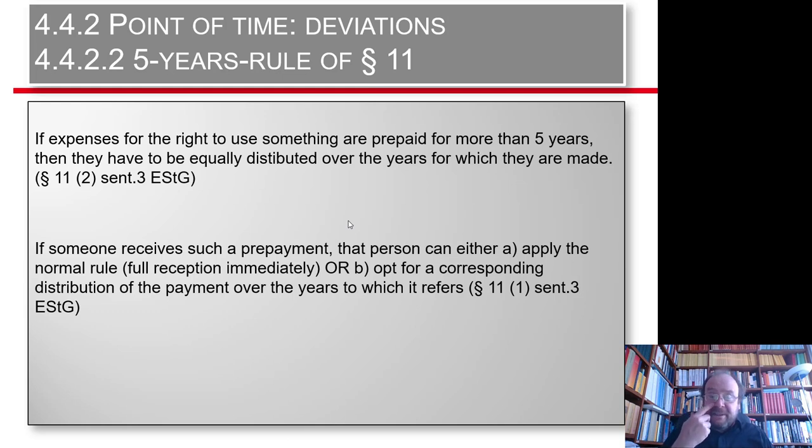Naturally, if somebody receives such an enormous prepayment, the legislator is usually not opposed to taxing all the money immediately, but it would be equal and fair to allow people to split up that payment into equal parts for each year, which are then attributed to each year to which they economically belong, so for which they are paid.